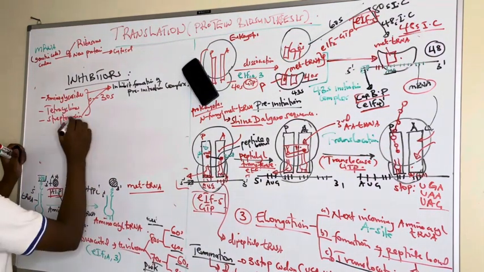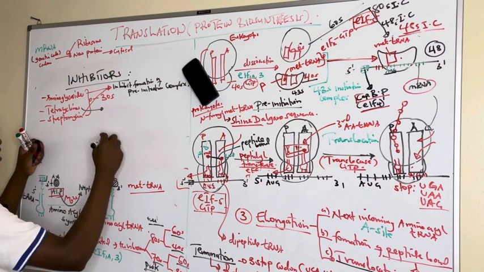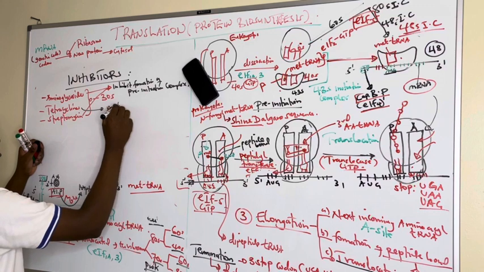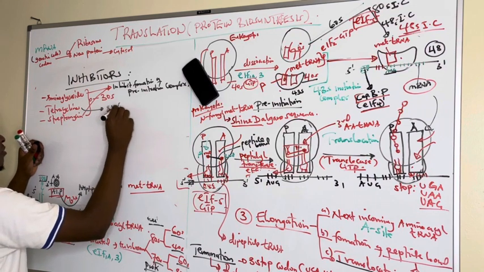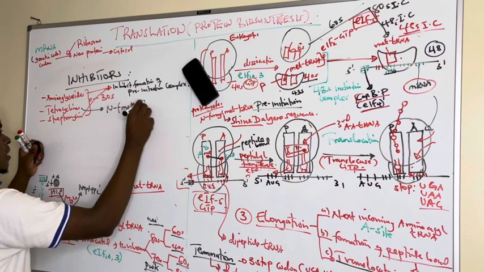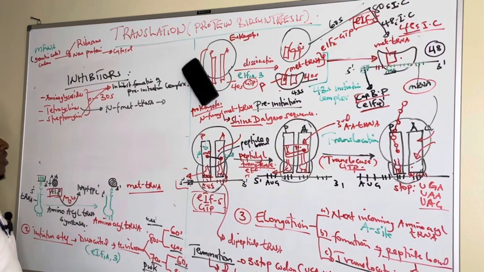And this one, the tetracyclines, for them, they inhibit the binding of N-formyl Met transfer RNA on the ribosome, on the messenger RNA.